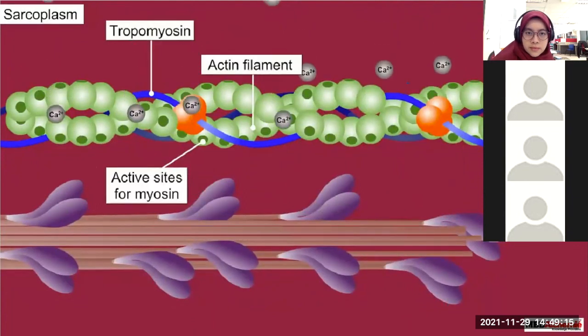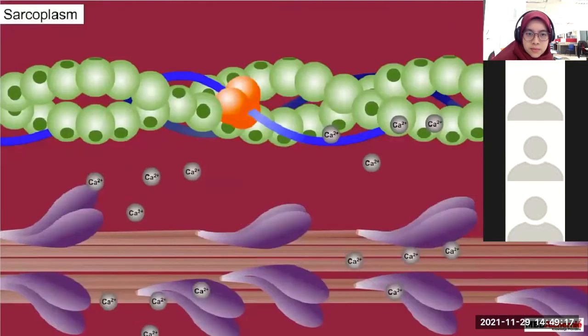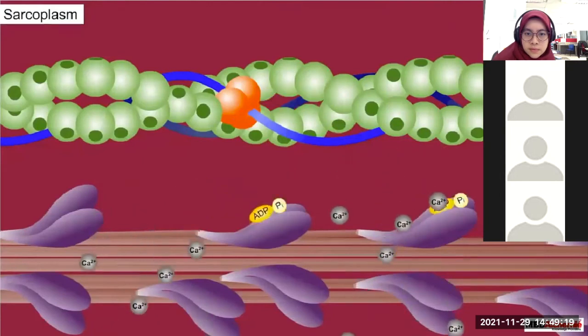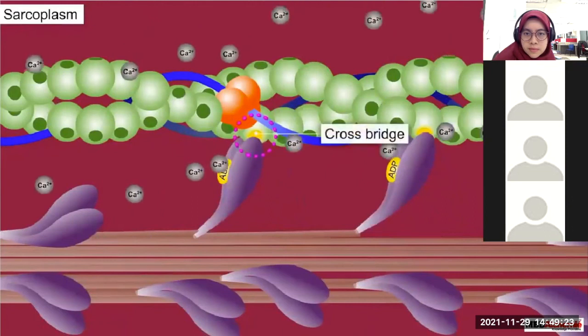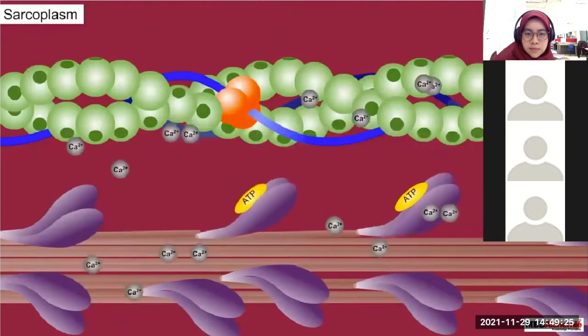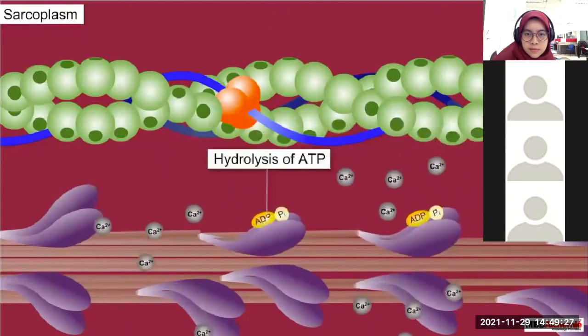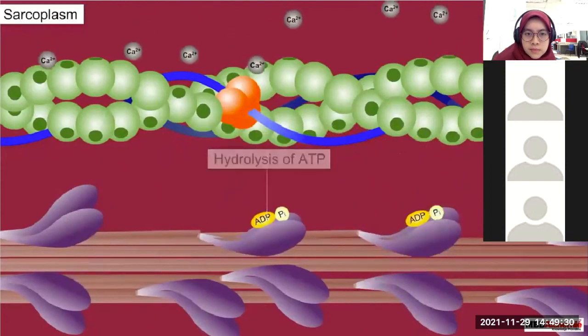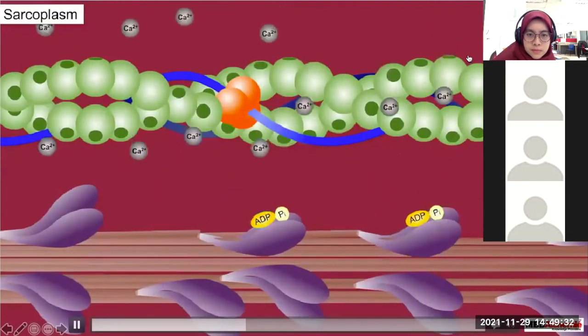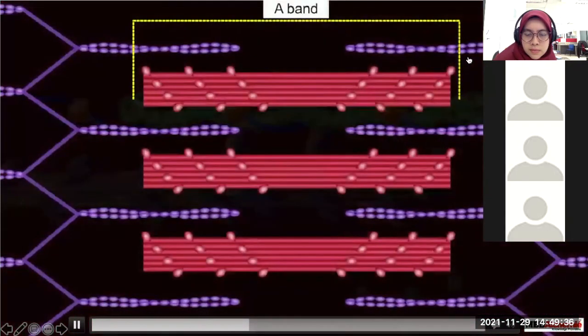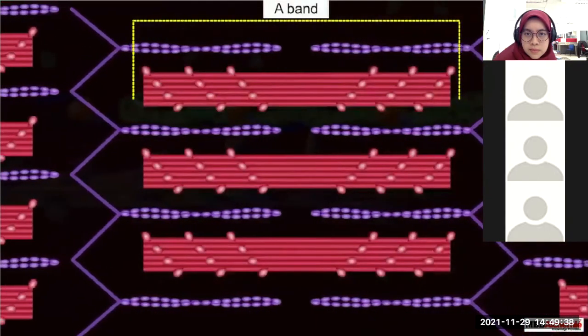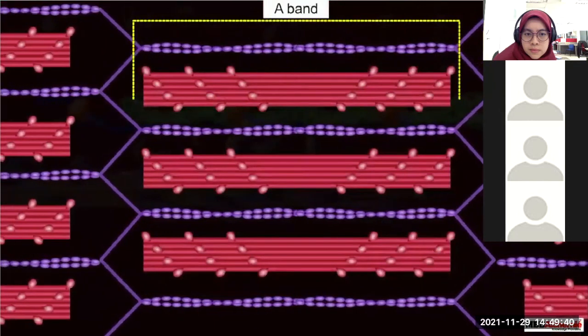With the active sites of actin now exposed, the myosin heads start a binding process with actin, thus forming a cross bridge. The energy needed for the cross bridge formation comes from the hydrolysis of ATP attached to the myosin into ADP and inorganic phosphate. The attached actin filaments are therefore pulled towards the center of the A band, bringing the Z lines closer to each other.